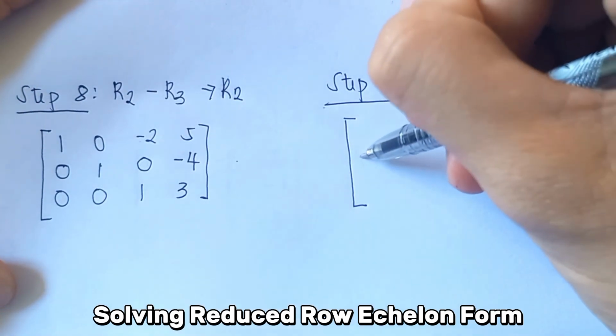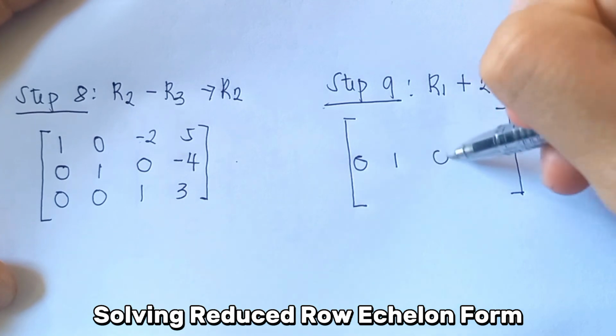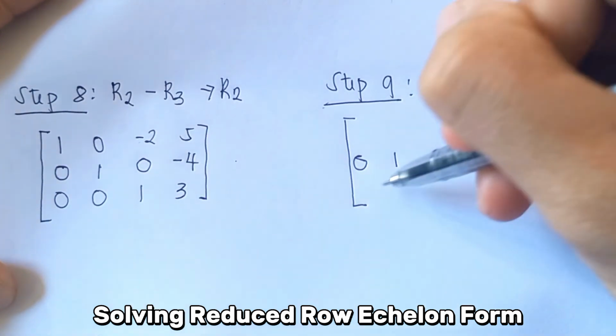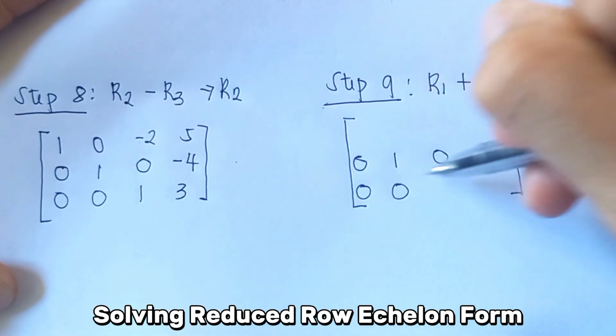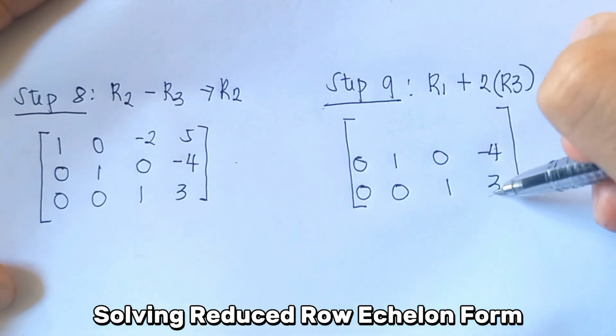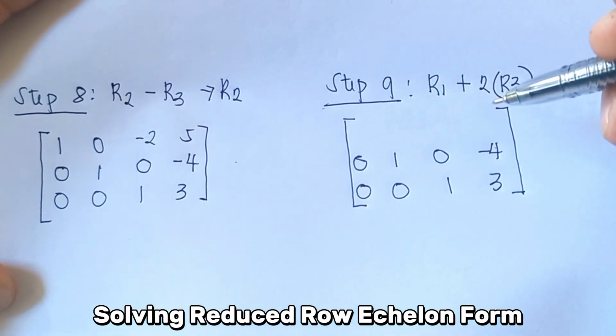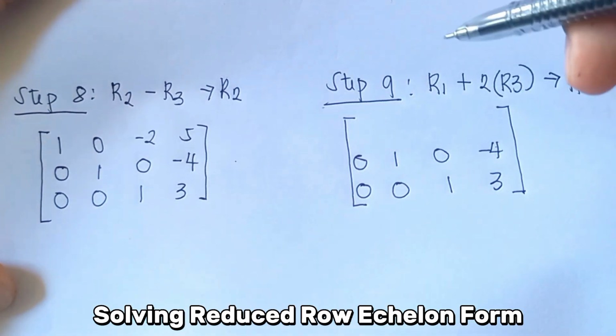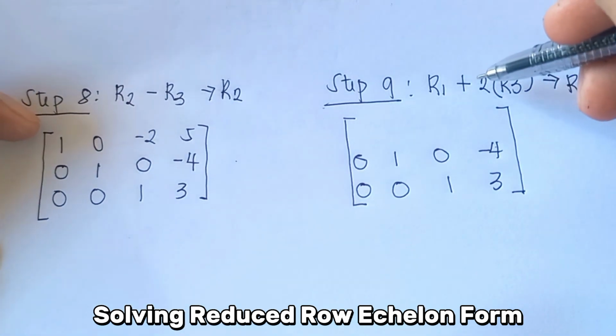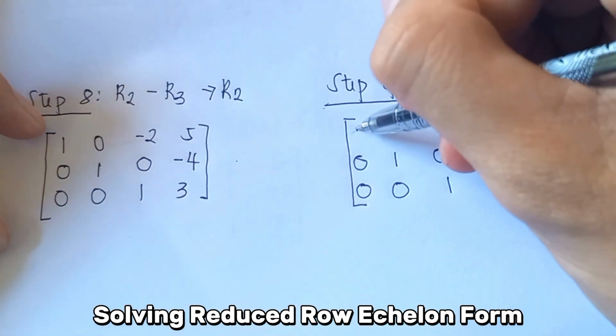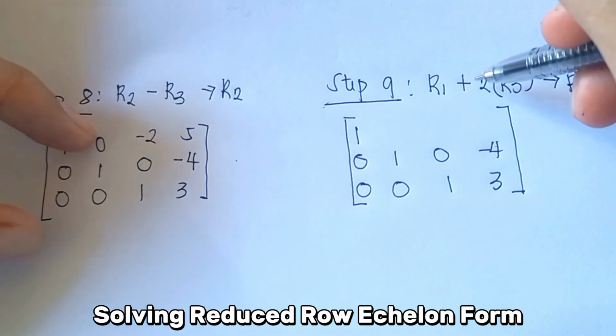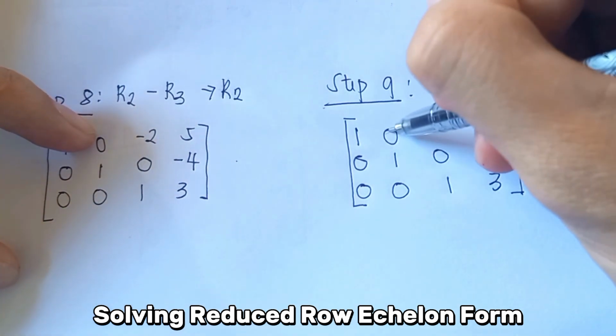We have 0, 1, 0, negative 4, 0, 0, 1, 3. So row 1 plus 2 times 0, this is 1. 0 plus 2 times 0, this is 0.